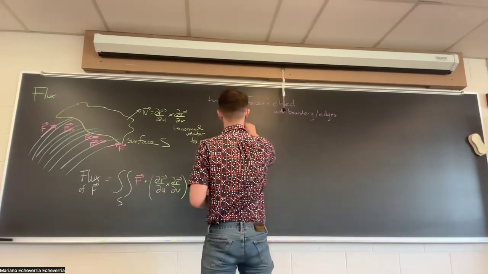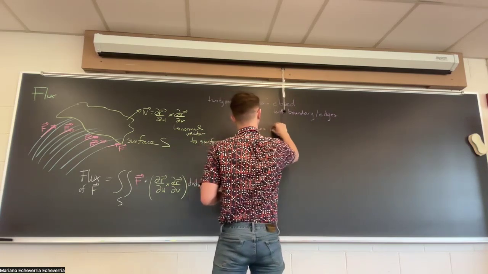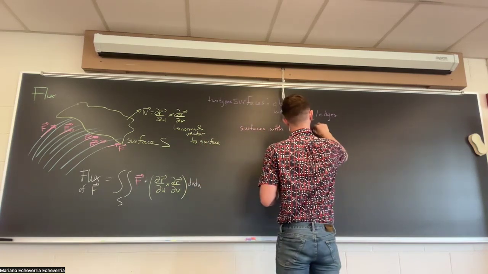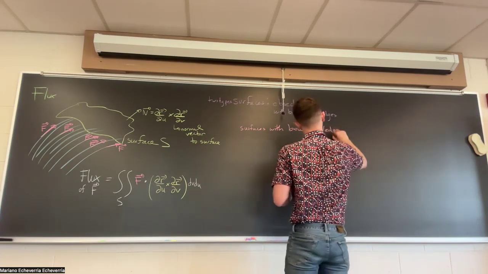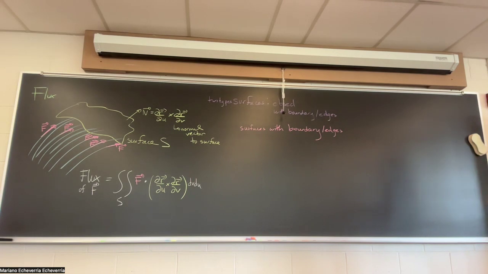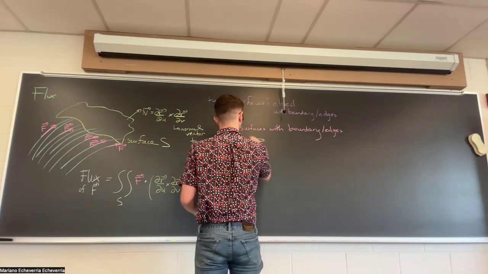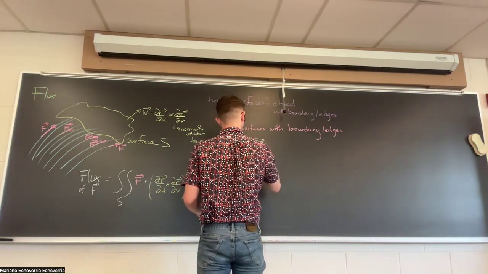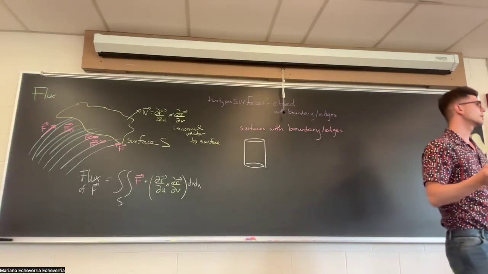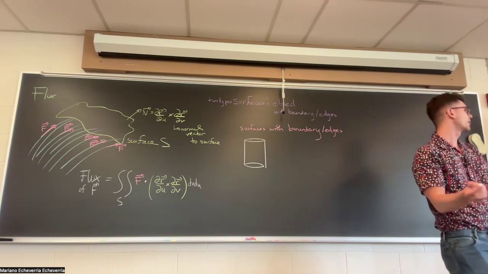So here are some examples of surfaces with boundary. One is kind of a cylinder, which you can think of as a bottle, but I'm including the bottom of the cylinder.